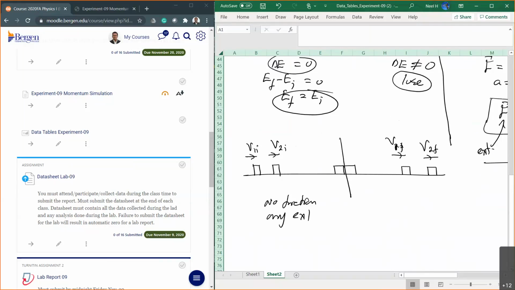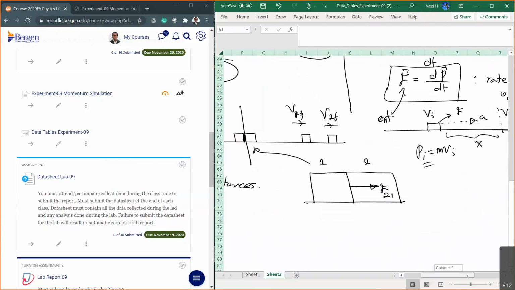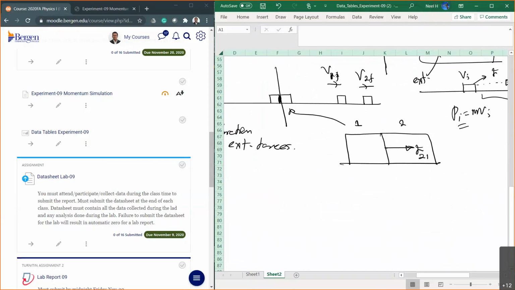No external forces. If you assume there are no external forces, and you take a look at the collision point right here, during the collision, at that common surface, these are the two objects, and I'm drawing it larger now. Both objects are colliding, so object number one pushes object number two, and there is a force acting right here on object two due to object number one. Be careful to observe how we name this, right?